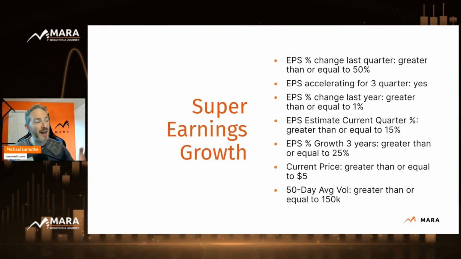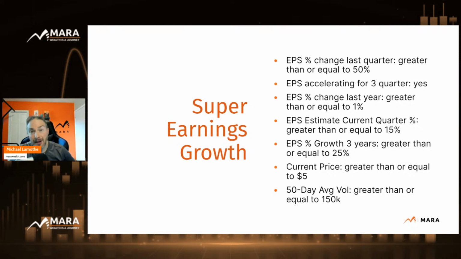But price can have pretty big moves at $5 a share, and you could still have some decent liquidity depending on the names. I'll also filter for 50-day average volume being greater than 150,000. And I'll filter it in this way because if a stock's trading at $5, it's got to have a lot more than 150.